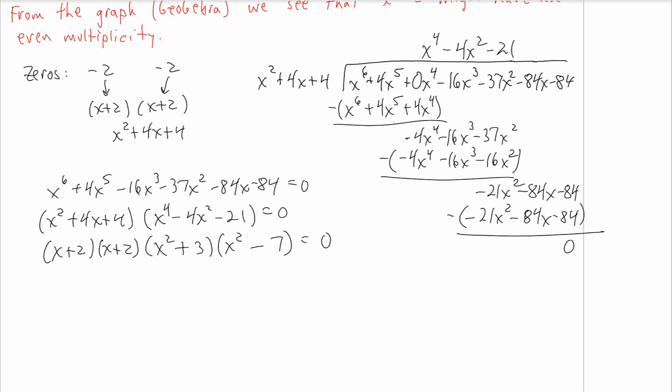So let's see, my zeros are going to be negative 2, which we already knew, negative 2 again. Then we're going to get, let's see, principal square root of 3 times i, although I should probably write that.